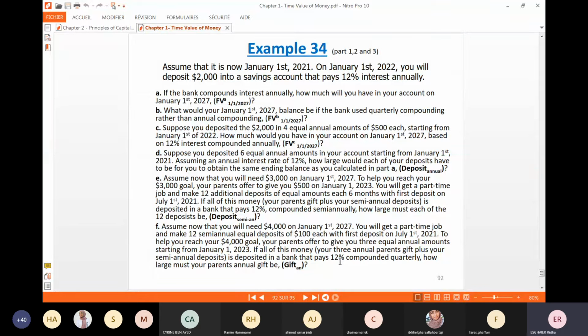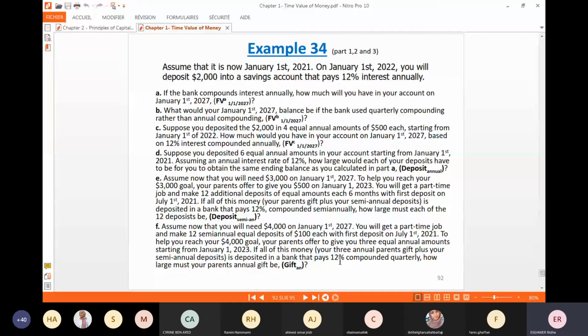The first amount on January 1st, 2022. How much will you have in your account on January 1st, 2027, based on 12% interest rate compounded annually? So here be careful. The interest rate is now an annual interest rate compounded annually.